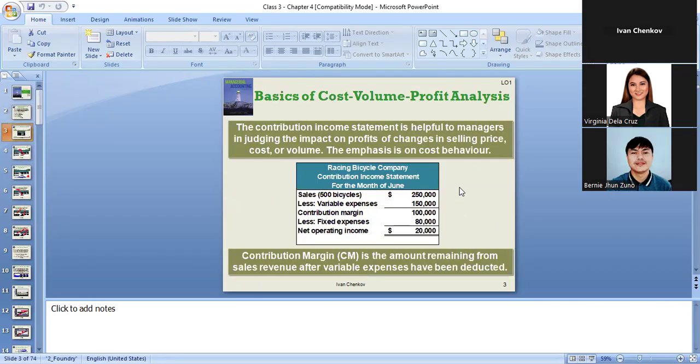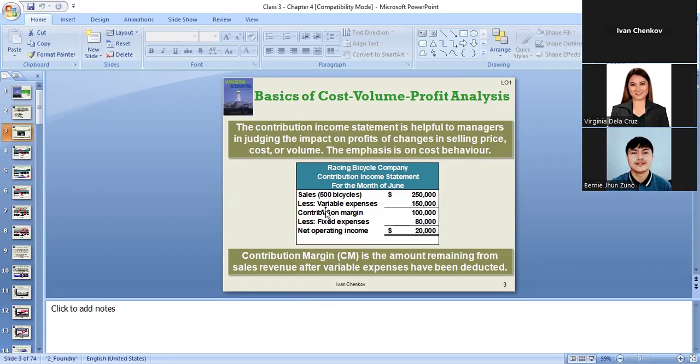This company is selling a product, a bicycle, for $200. Their current sales are $250,000 when they're selling 500 bicycles. So we can easily get from here the sales price per bicycle, the variable cost per bicycle, and the fixed cost, which we already know stays the same.